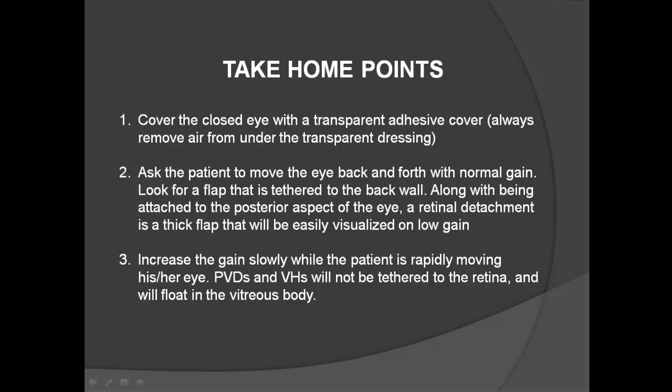But if you really want to evaluate the entirety of that vitreous body, turn that gain up. It really helps to visualize any posterior vitreous detachment. So always turn that gain up and down when you're looking at the eye, and increase the gain slowly as you're doing this, because it will help you evaluate the entirety of that retina and the vitreous body.